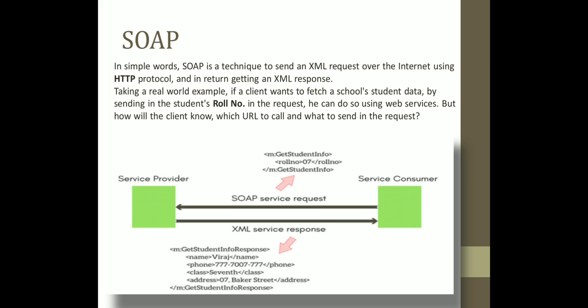Here we can see it has retrieved the name, phone number, class and address as the student data for roll number 7. It is sent again to the service consumer in XML format, so the response is given as XML. This is the simplest application with SOAP web services.